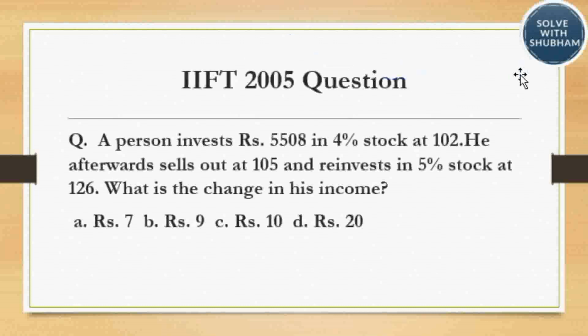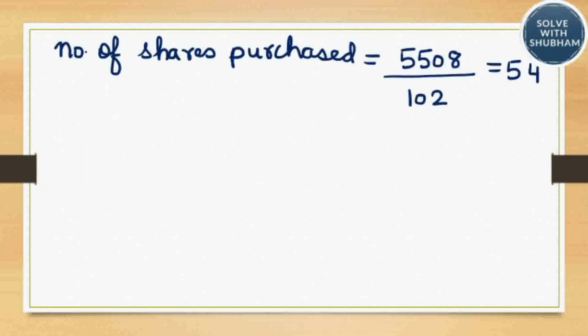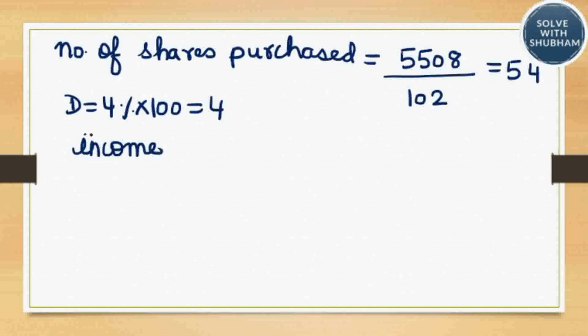Now, question clearly says 4% stock. So your dividend is 4% of 100 rupees. So what will be his income? 4 per share, 54 shares are there. So total income will be rupees 216.